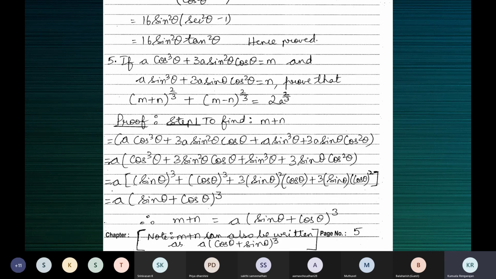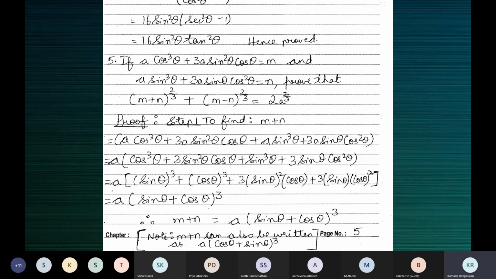I've written it like that. A plus b the whole cube is a cubed plus b cubed plus 3ab into a plus b, or a cube plus b cube plus 3a square b plus 3ab square. Whatever is available, both are fine.